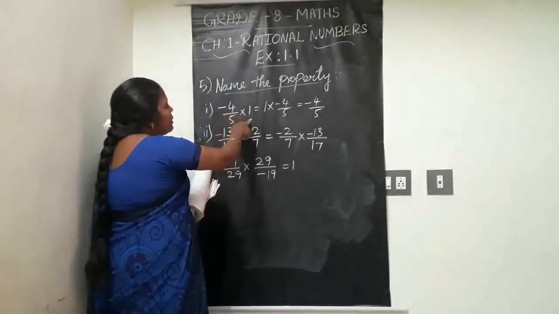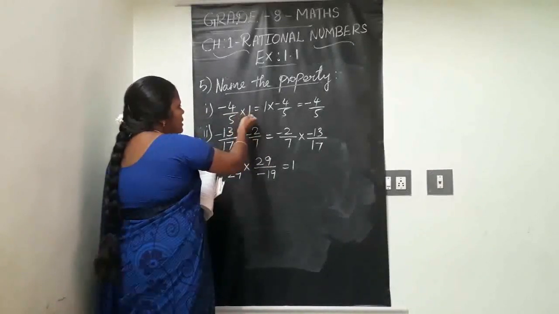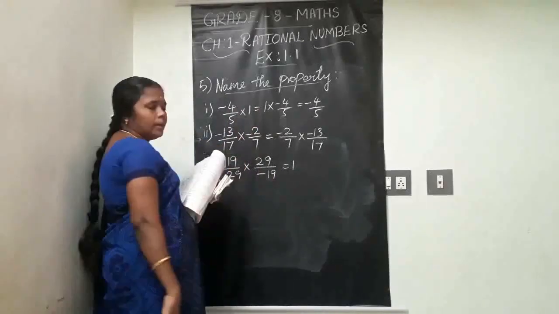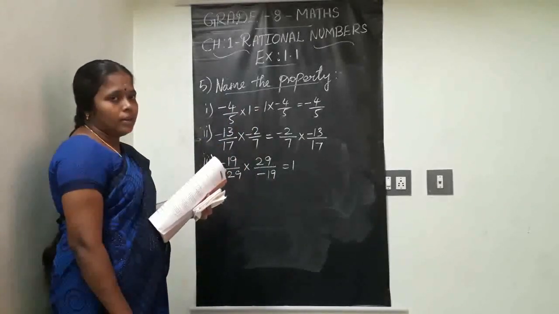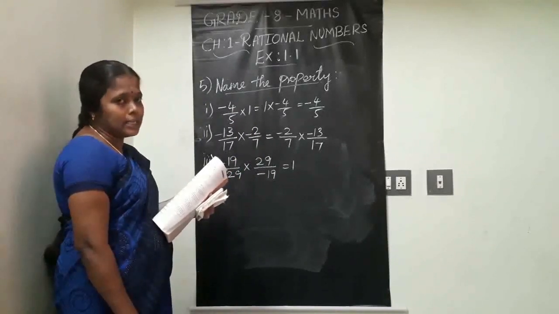Rational number is multiplied by 1. That means when we multiply any rational number by 1, we get the same number. In which category have we seen this property? Multiplicative identity only. Clear?